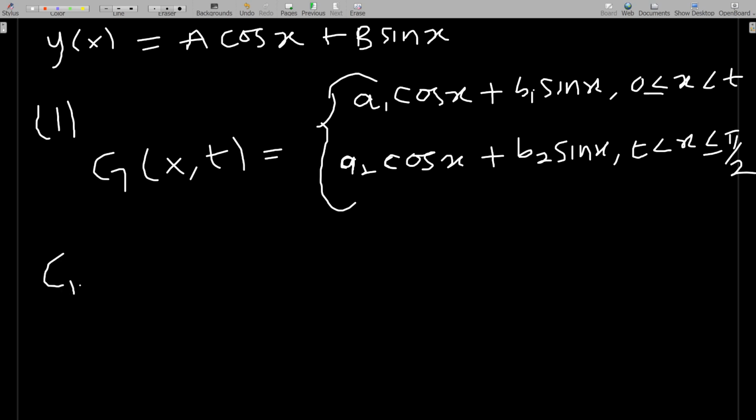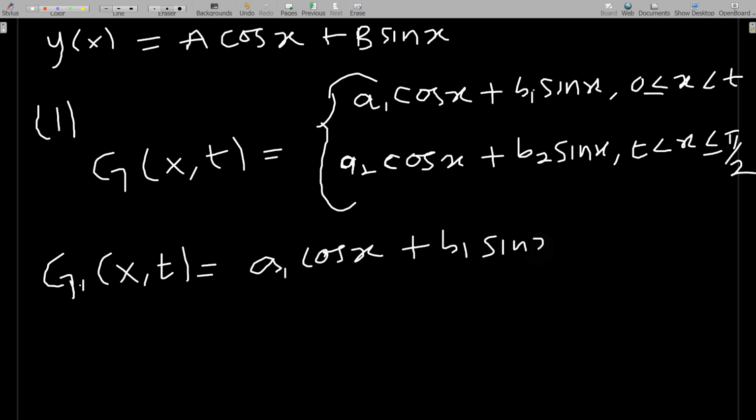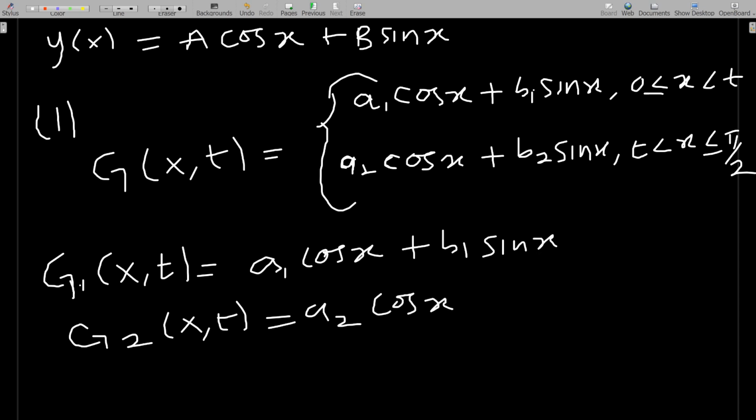So if you remember in the explanation, I just wrote g1 of x,t. So g1 of x,t is actually a1 cos x plus b1 sine x, and our g2 is obviously the second one. I just wanted you to know that this is how they should be.